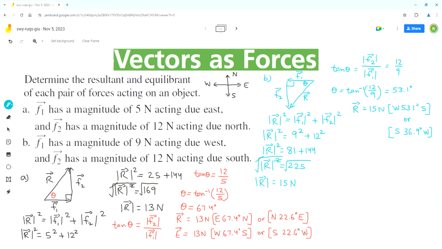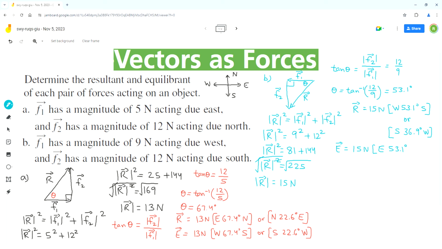Now we can write the equilibrant. So the equilibrant vector will have the same magnitude as the resultant, but the direction will be opposite. So the opposite direction of west is east. The angle will be the same.